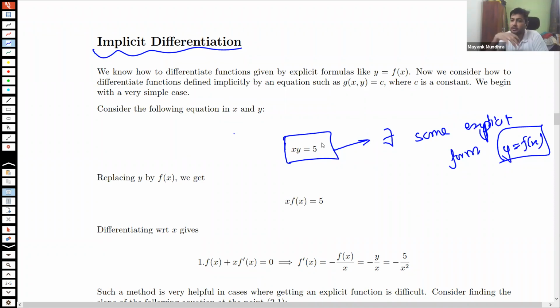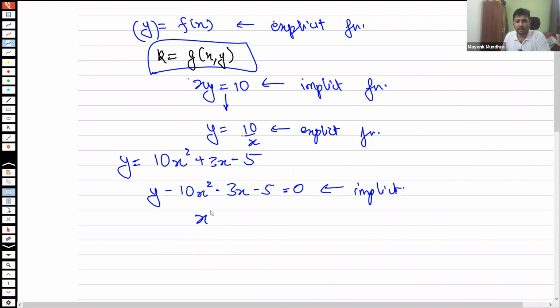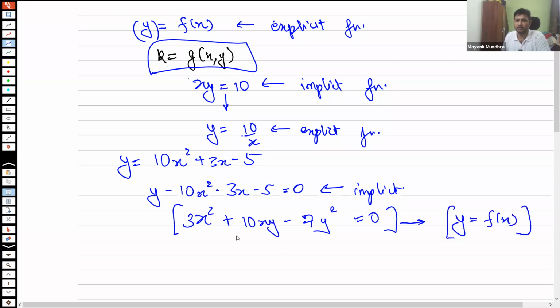I want to be able to find the derivative without finding the explicit form, because sometimes finding it is difficult. If I give you a function like 3x squared plus 10xy minus 7y squared equals 0, you cannot easily write this as y equals f of x. It's going to be a quadratic thing, so it's going to be complicated.